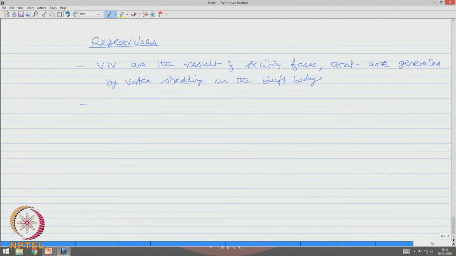This motion response can be captured as people have indicated. This is very clearly said by Sarpkaya in 1979.